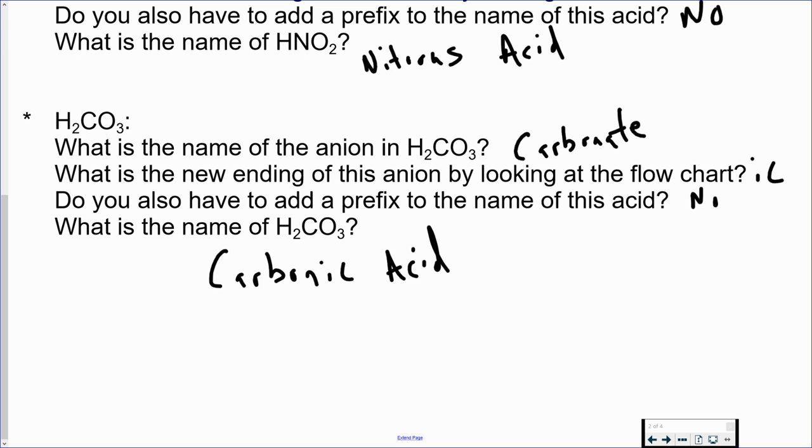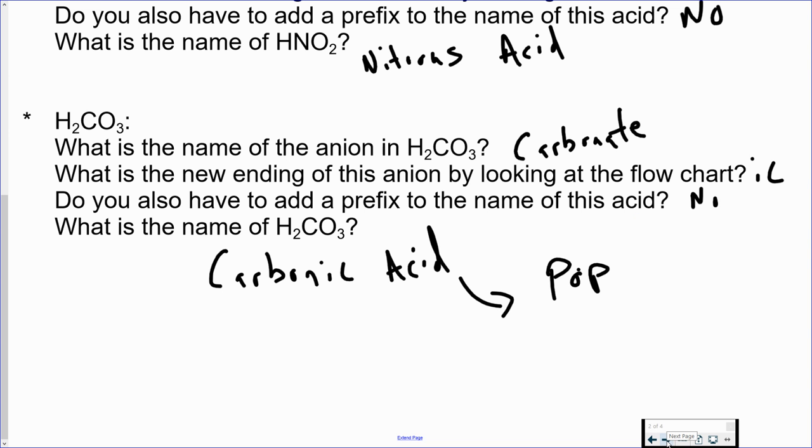This is probably the acid that people deal with mostly on a common basis. You guys ingest this acid all the time. This is pop. H2CO3 is how they get carbonation within pop.